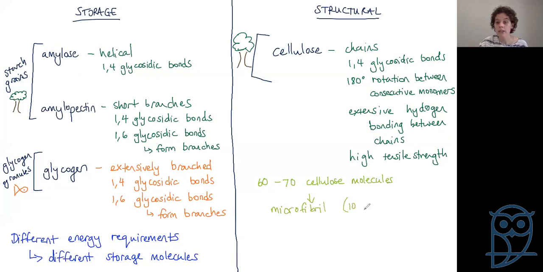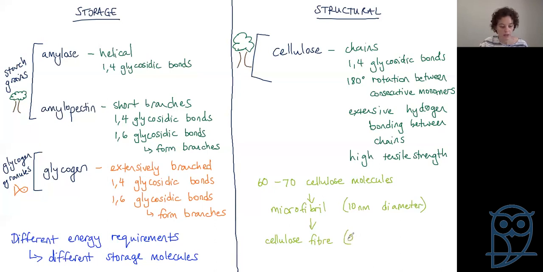Okay, now we are talking 10 nanometers in diameter. These things are tiny, okay, but they're strong. We're actually now going to take a whole lot of microfibrils. We're going to put hydrogen bonding between them, and we're going to make a cellulose fiber.